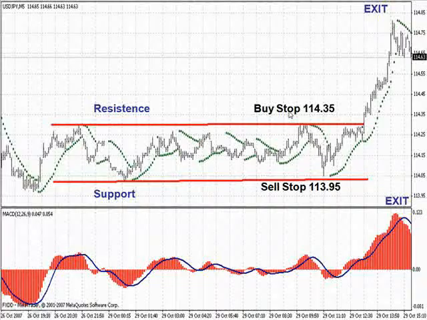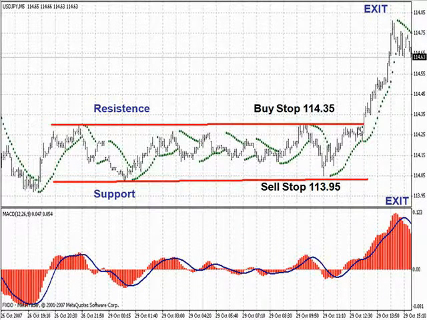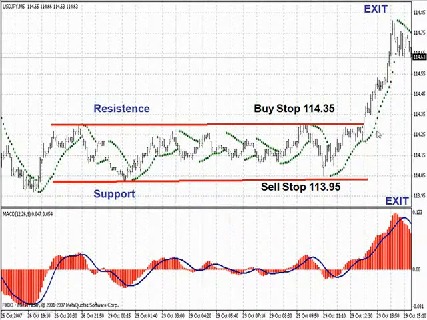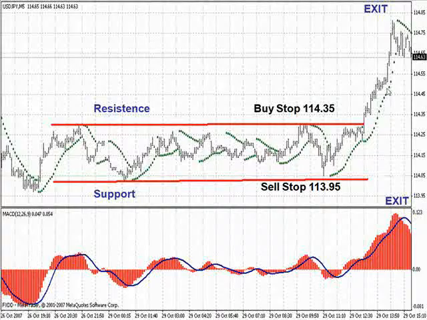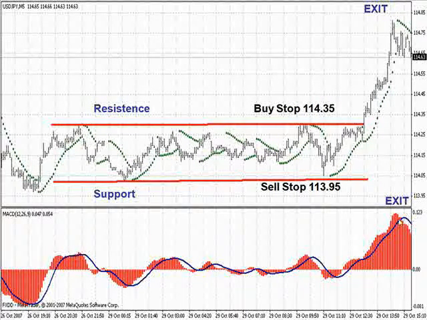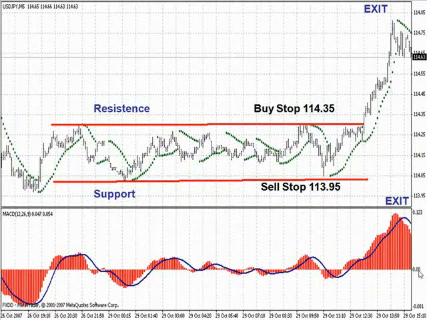Once the buy is executed, how do you exit? You wait for the parabolic, which is these green dots, to go from below to above, and similarly the MACD, there's a crossover on the top above the zero line.